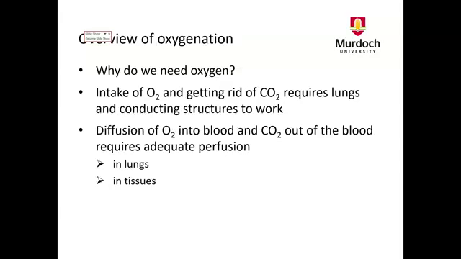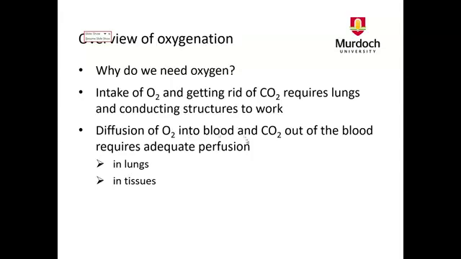So oxygen doesn't give us energy directly, but we need oxygen in order to make lots and lots of ATP. The intake of oxygen and breathing out carbon dioxide requires the lungs and also some structures to actually get the gas into the lungs or out of the lungs again.